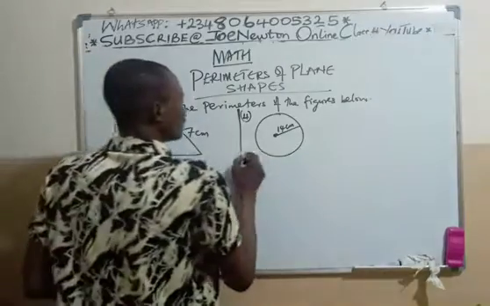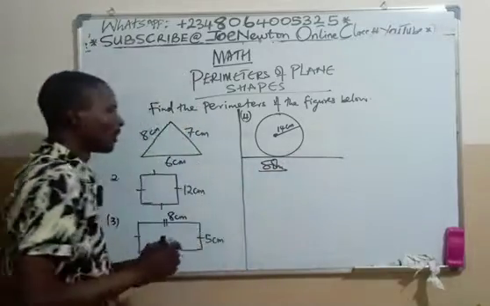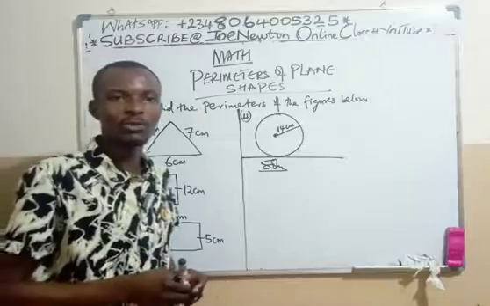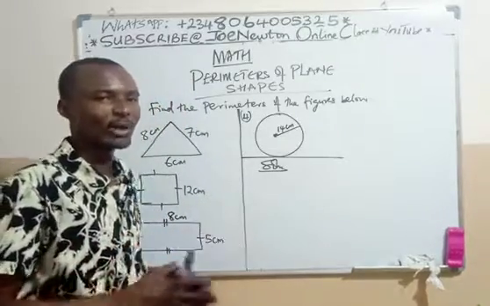And solution. In solving this, the formula for finding the perimeter of a triangle is simply add the three sides of the triangle.